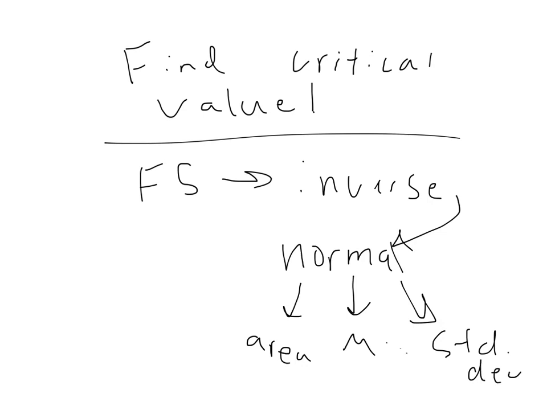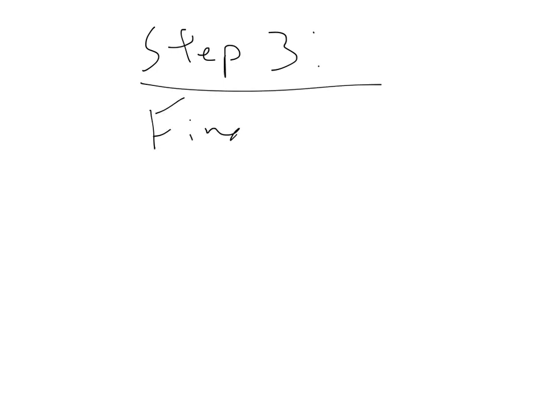You'll hit enter and that'll give you your critical value. And the next thing you have to do would be step B, and that would be to find your test value.